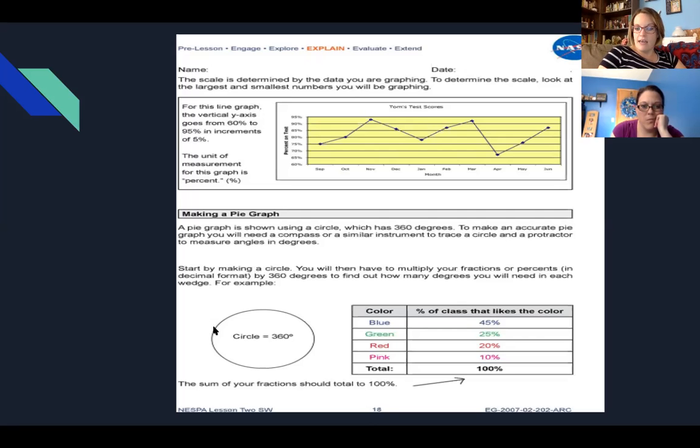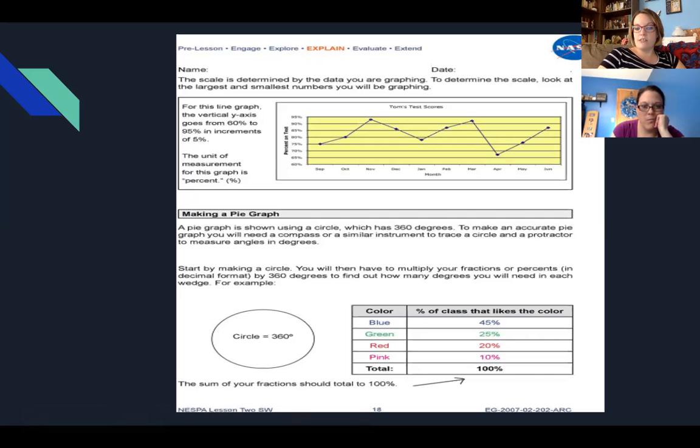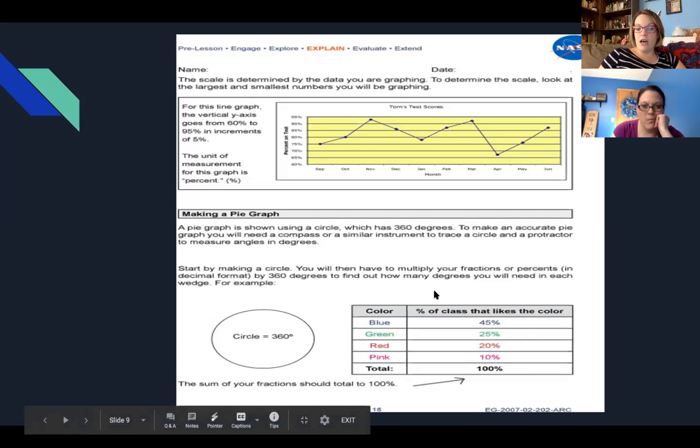And it says you start by making a circle. You'll then multiply your fractions or percents by 360 degrees. It gave you a chart on the side, and this one is about colors. So there's blue, green, red, pink, and then the total. All of those percentages right there have to equal 100 or your pie graph will not be correct. Okay?